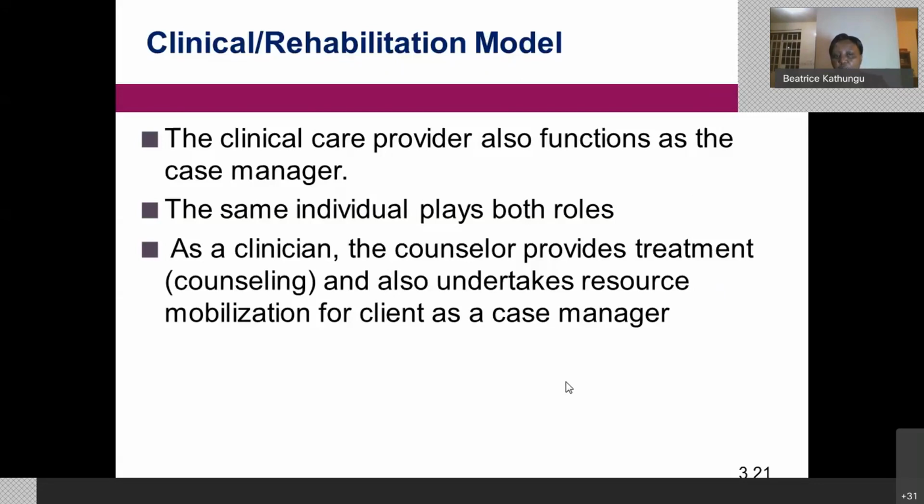So now we are saying when we have the clinical rehabilitation model, this one person, whether it's a counselor, whether it is nursing officer, depending on who it is that is assigned that responsibility of providing the clinical care, maybe it's the clinical psychologist, that person does the counseling work, but they also do mobilization of resources, external resources for the client as a case manager.